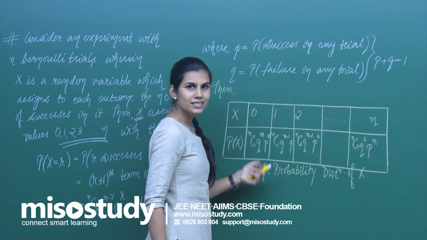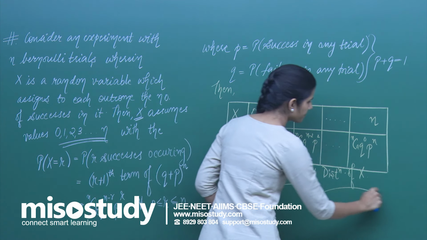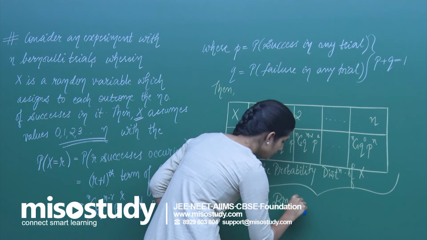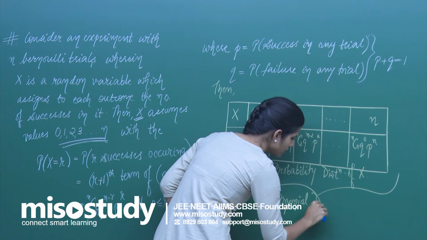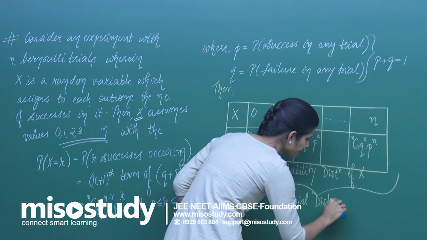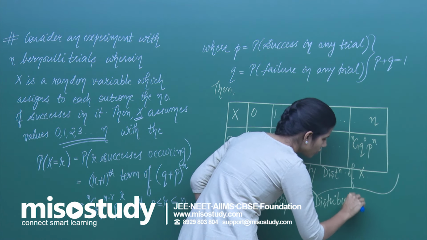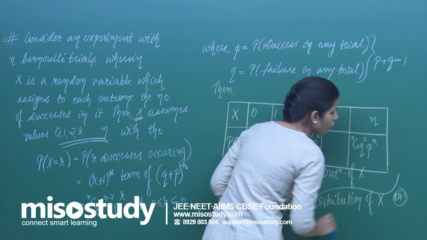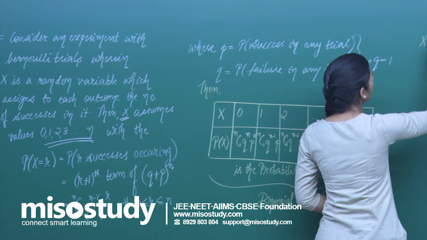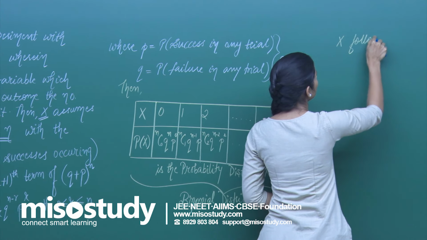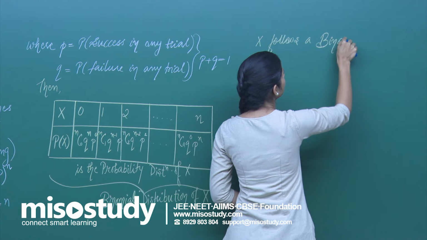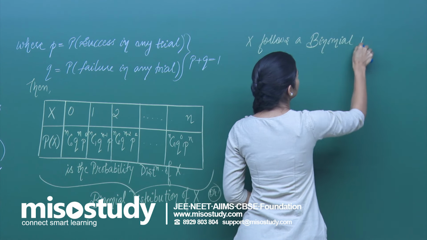that is why this is known as binomial distribution of capital X, or you say X follows a binomial distribution.